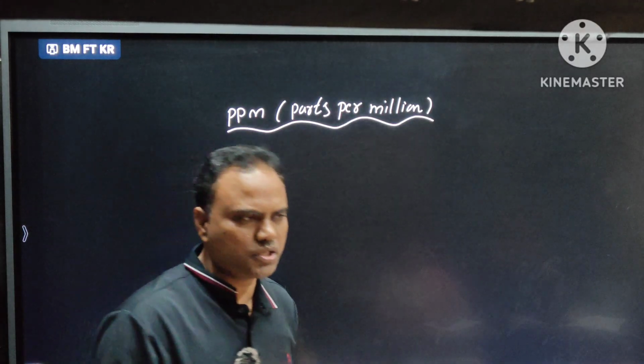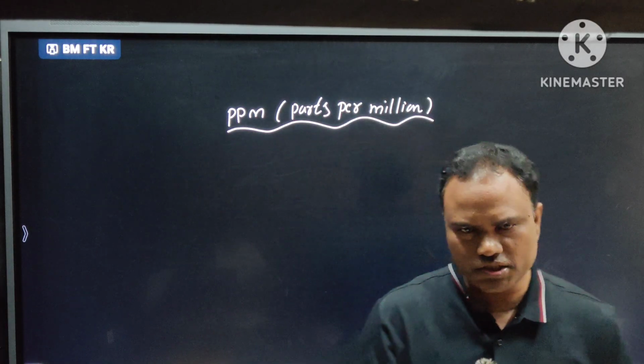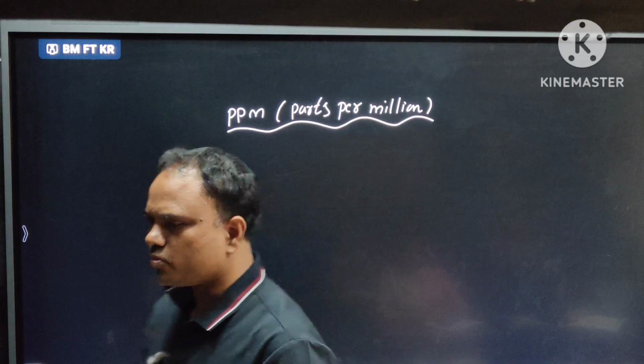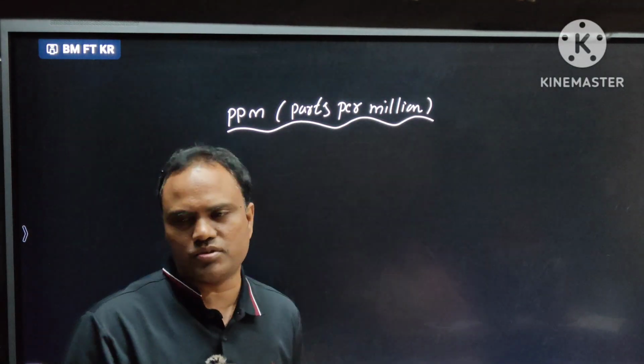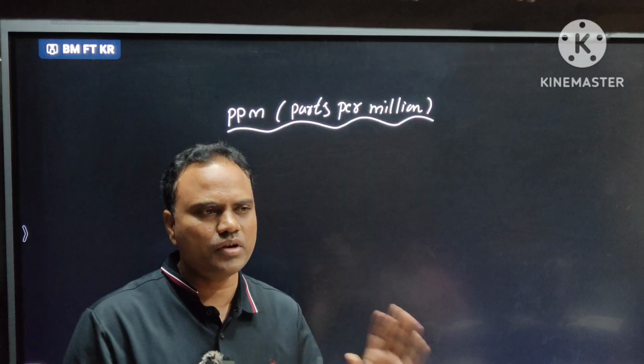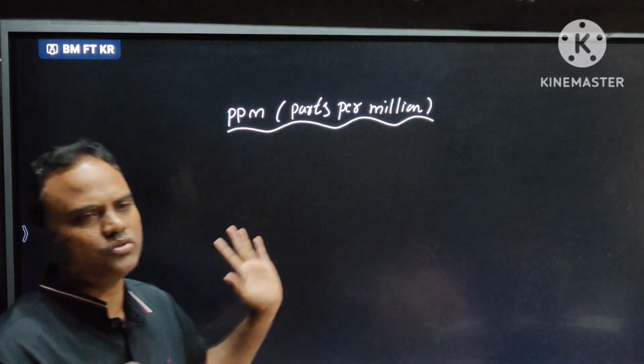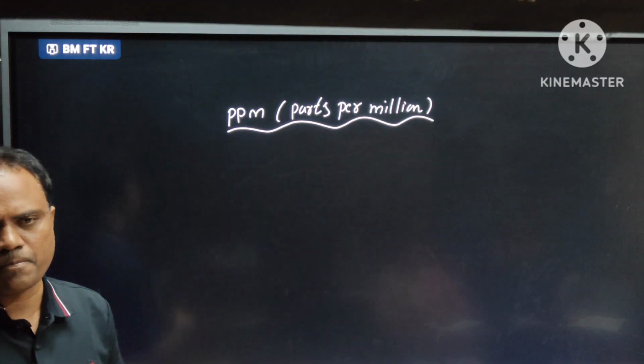We have several concentration terms: molarity, normality, molality. But when the amount of solute is very less, in tracer amounts, for 1 liter if 1 gram is present, then we can use ppm.